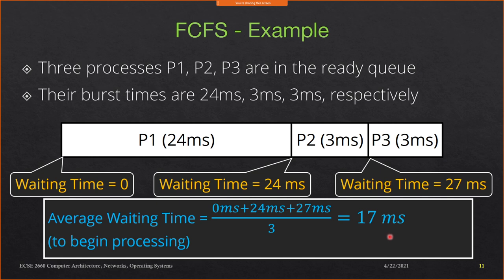A bigger problem is that it totally depends on the order. Now imagine a situation where P2 comes in first, P3 second, and P1 comes in last. If P1 comes last, the first come first serve scheduling algorithm numbers seem very, very good. Our average waiting time goes down substantially, right?